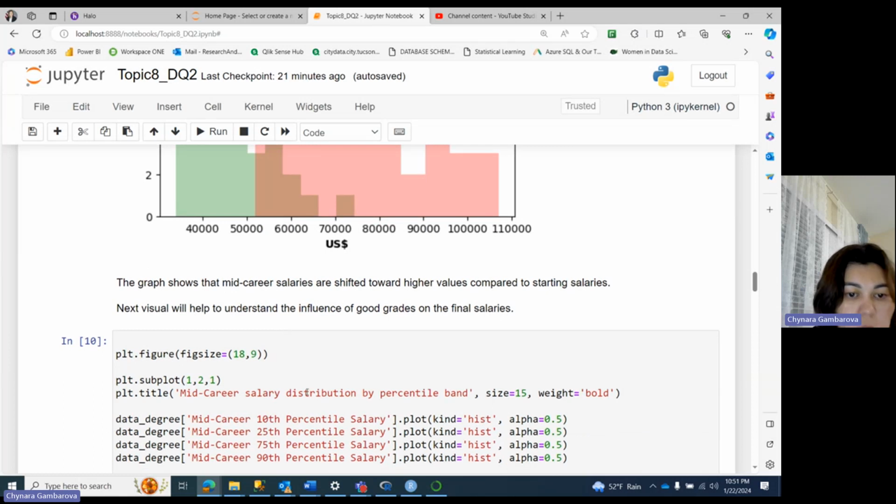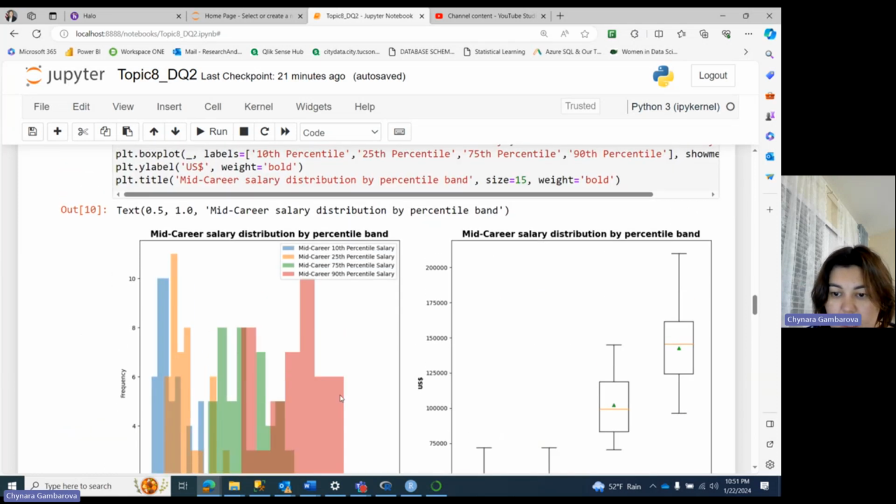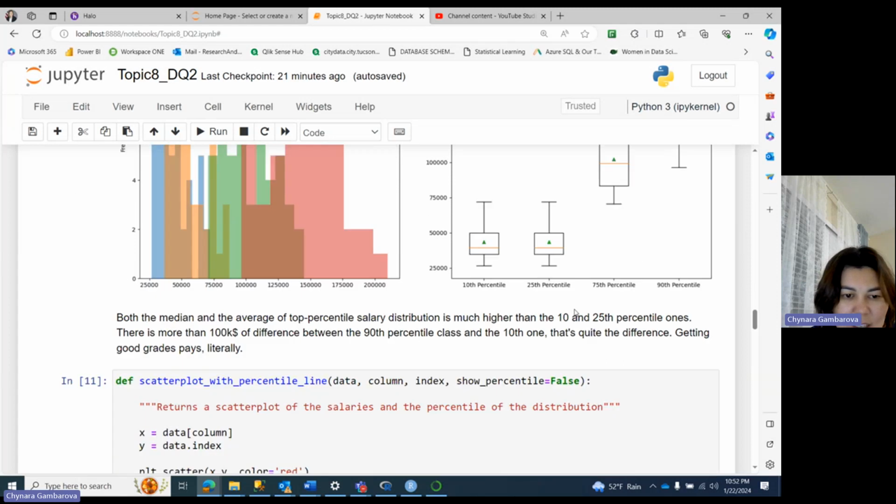The next visual will help us understand the influence of good grades on the final salaries. Here you can see the difference of the means among the percentiles. There is a huge difference, as you can see.